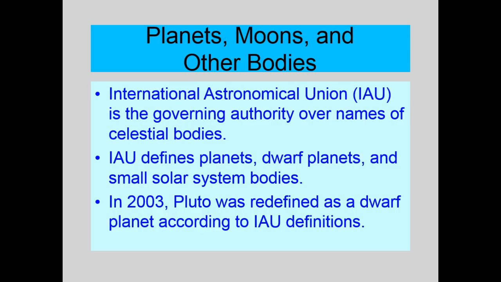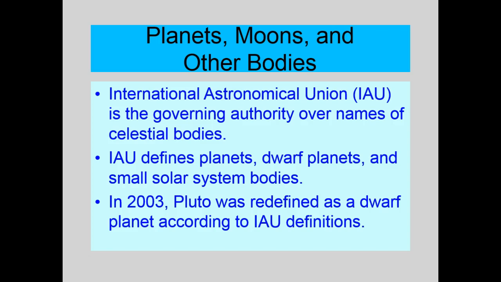So looking at 15.1, planets, moons, and other bodies. Now, who determines what it's called, what it's named, all these things, is the International Astronomical Union, the IAU. It's the governing authority over the names of the celestial bodies. So that's how they get named.